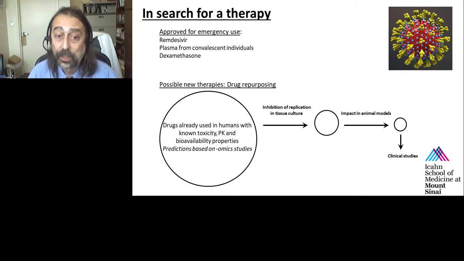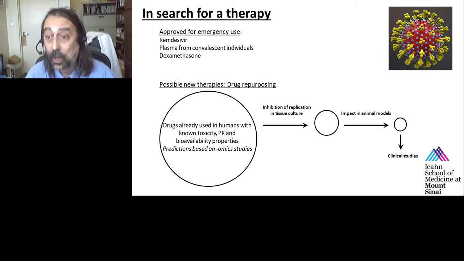The advantage of doing this drug repurposing is that for these drugs the dose that is tolerated in humans is already known, and therefore one can rapidly deploy them in clinical trials, even sometimes before you know what the impact is in animal models. So this accelerates a lot the possibility of drug development.